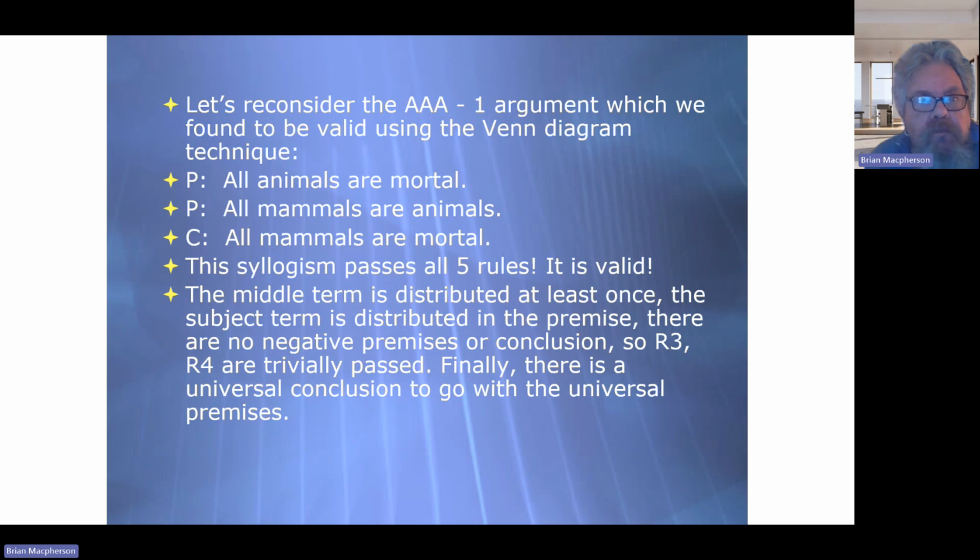And it passes rule 4 because you don't have any negative premises or conclusions. Finally, rule 5 says that if you have two universal premises, you need a universal conclusion, and in fact we do. So AAA-1 passes all 5 rules, and so it's valid. And the diagram for it is valid as well.